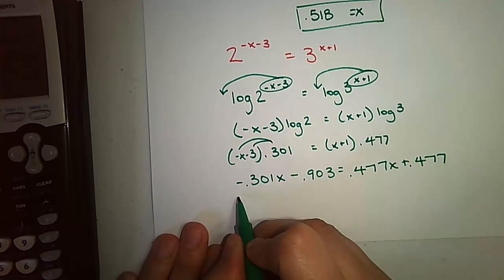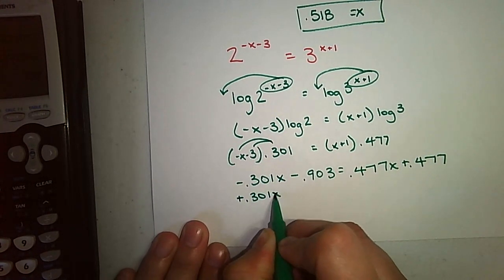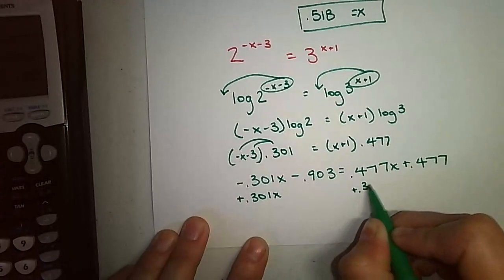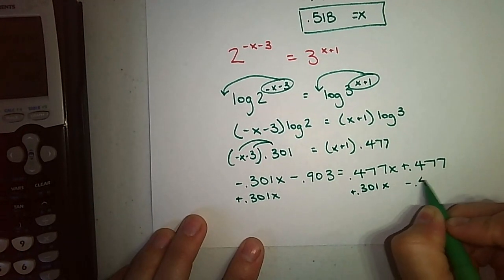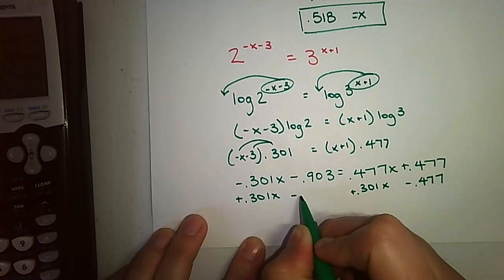Let's see, I'm going to add 0.301x to both sides. And I'm going to subtract the 0.477.